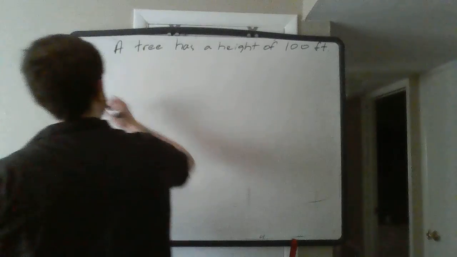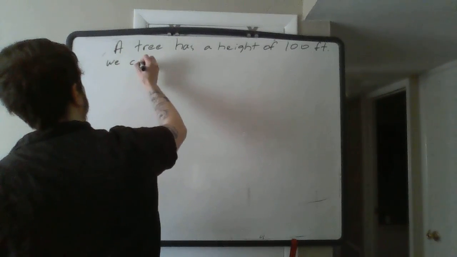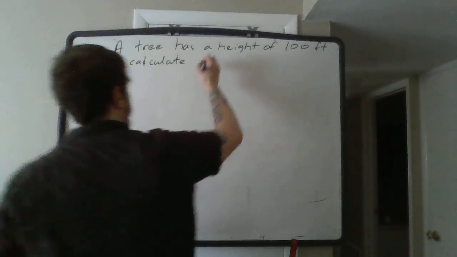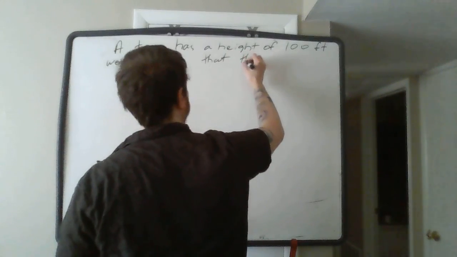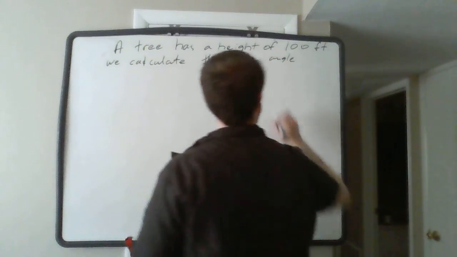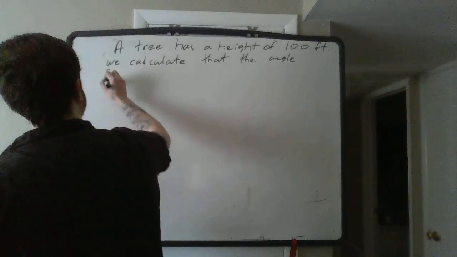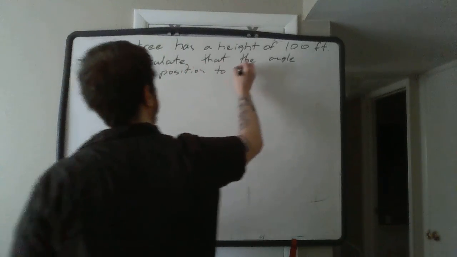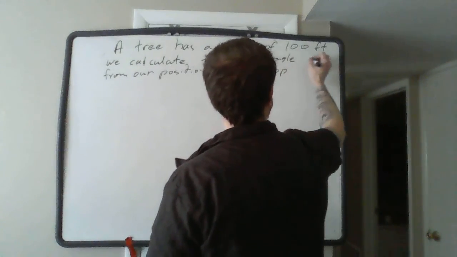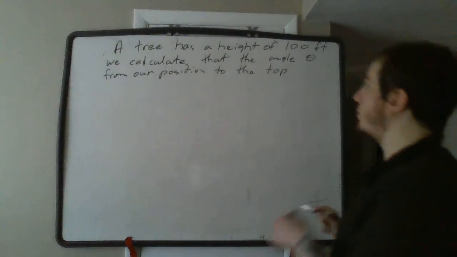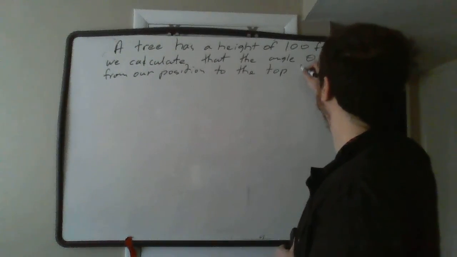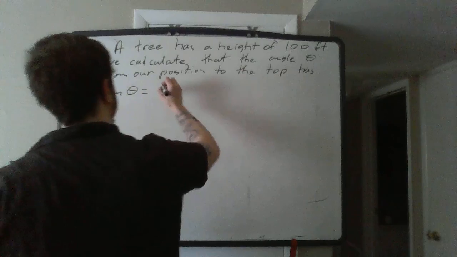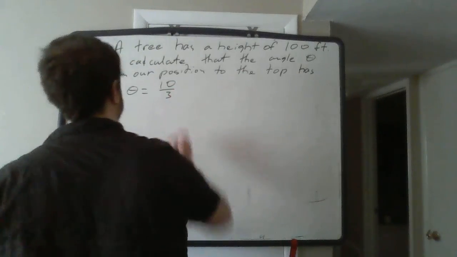And we calculate that the angle from our position to the top, and let's call this the angle theta, so we'll say the angle theta from our position to the top of the tree has tangent of theta equals 10/3.